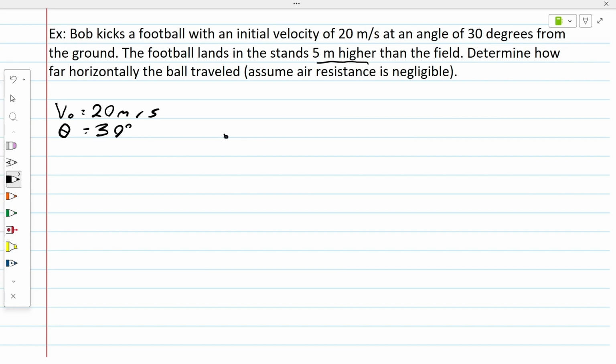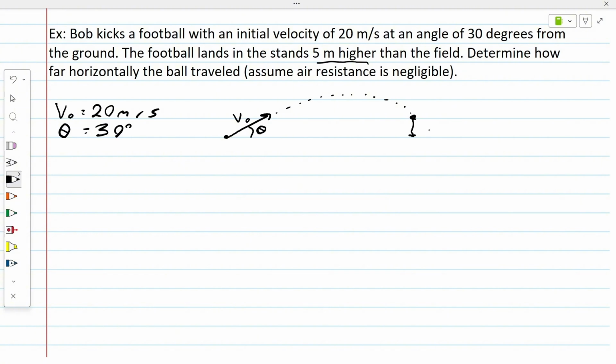So we'll say this is the ground level, and the ball is initially kicked at 20 meters per second at this angle right here. This is theta. And I'll keep this all actually in symbols here. So this will be the v naught. And so this ball is going to travel up and then come down and land at this final position, which is 5 meters higher right here.